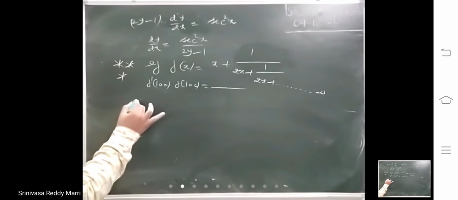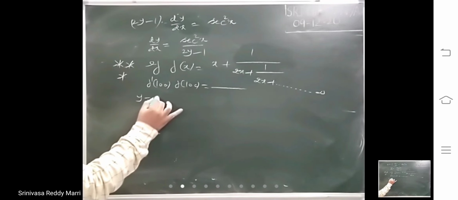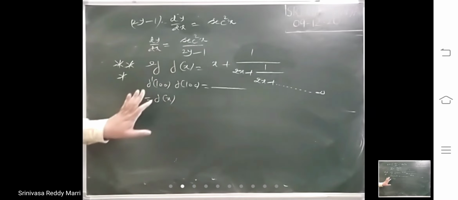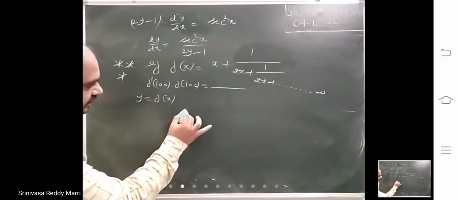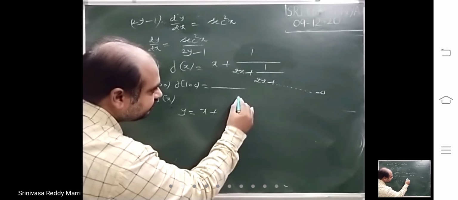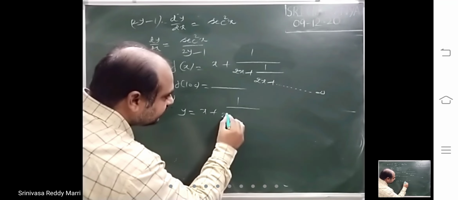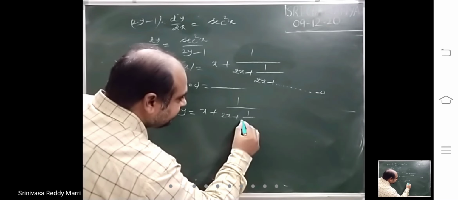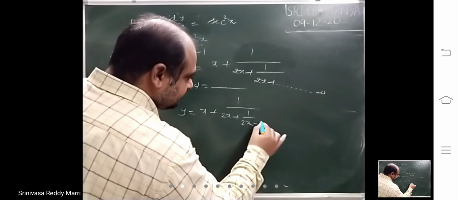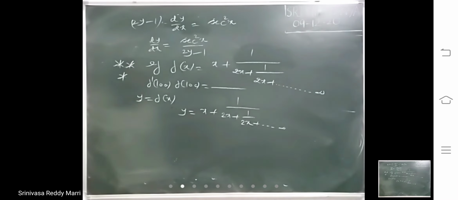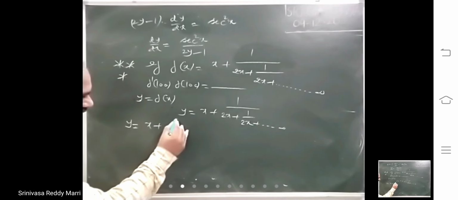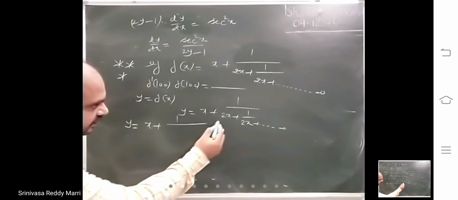Whenever f of x is given, you take that as y; f of x and y are both the same. Finally we will replace y by f of x. Now y is x plus 1 by this 2x.